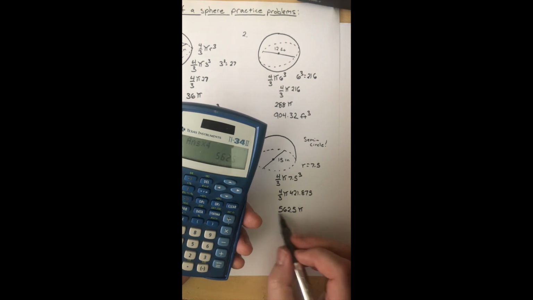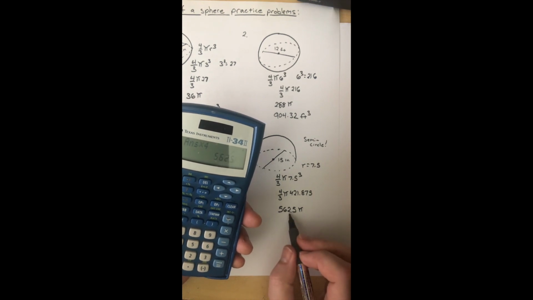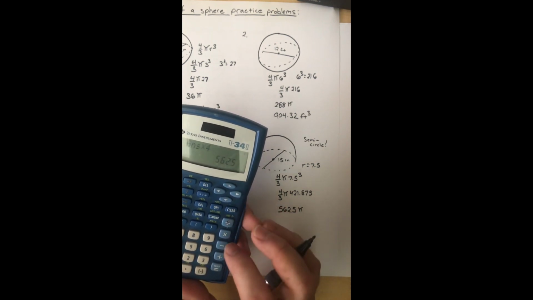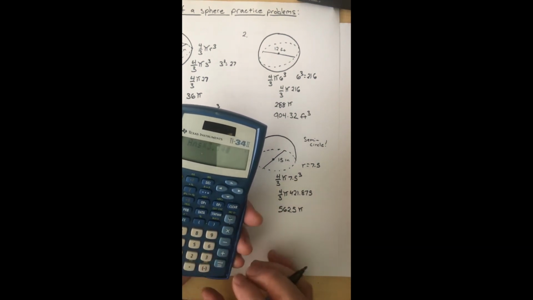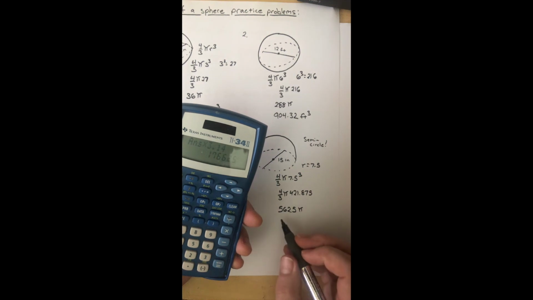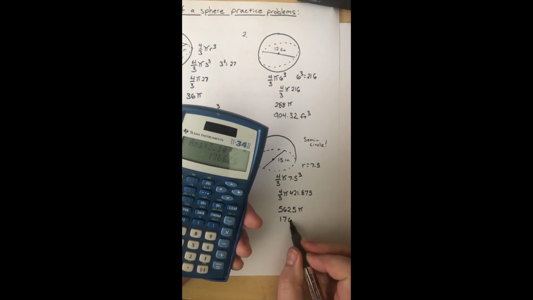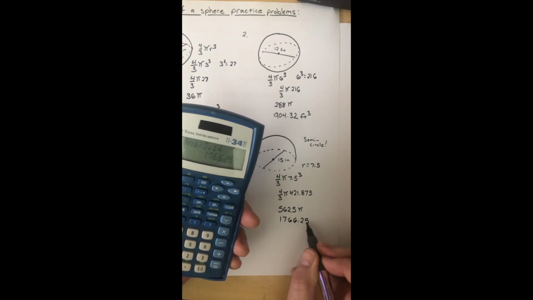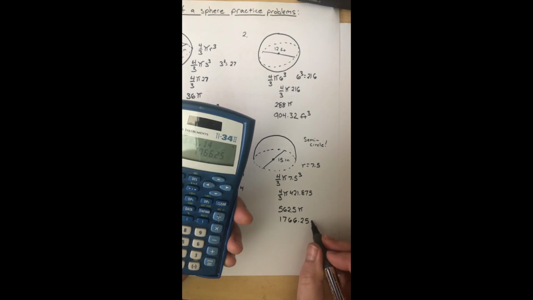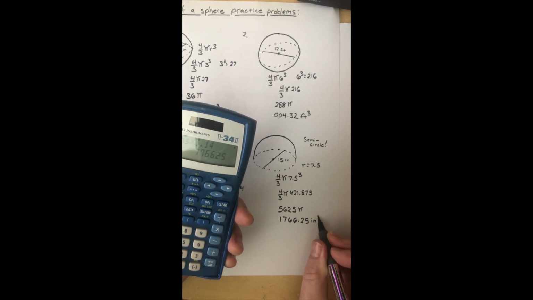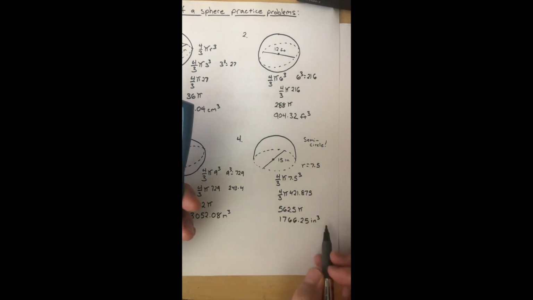Okay, so my estimate, this is going to be somewhere around the 1800s, something like that. That'd be a good estimate, right? So let's multiply that by 3.14, and I get, yeah, there we go, 1,766.25 inches cubed, and that's a full sphere.